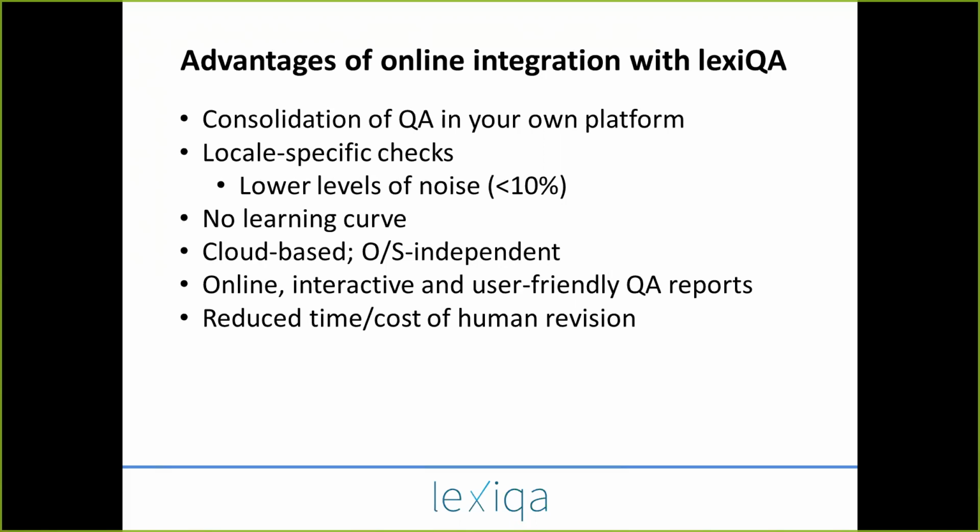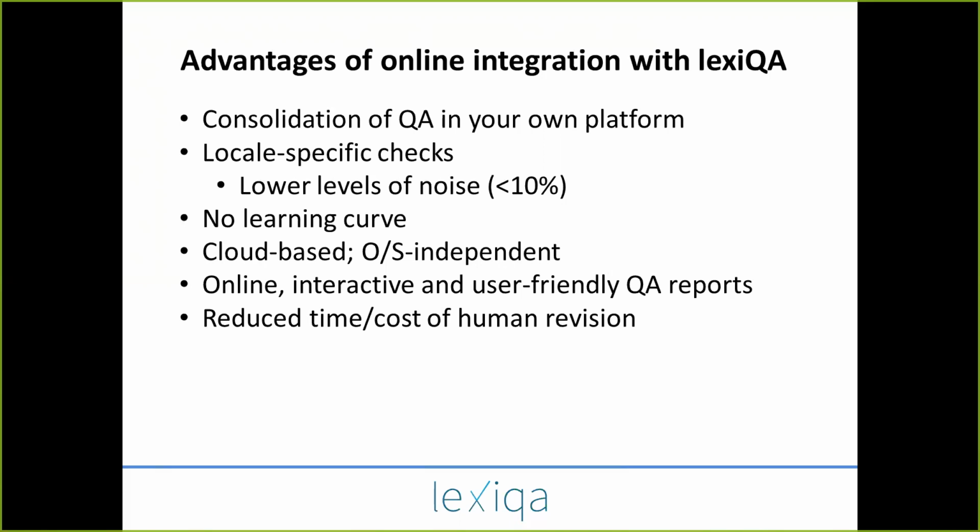Another central part of our philosophy is the fact that we wanted to make sure that the noise that you normally get with standard quality assurance systems is minimized to a very low percentage. So we tried to apply, since the beginning, locale-specific checks for all the languages or the locales that we support in order to minimize the amount of so-called false positives.